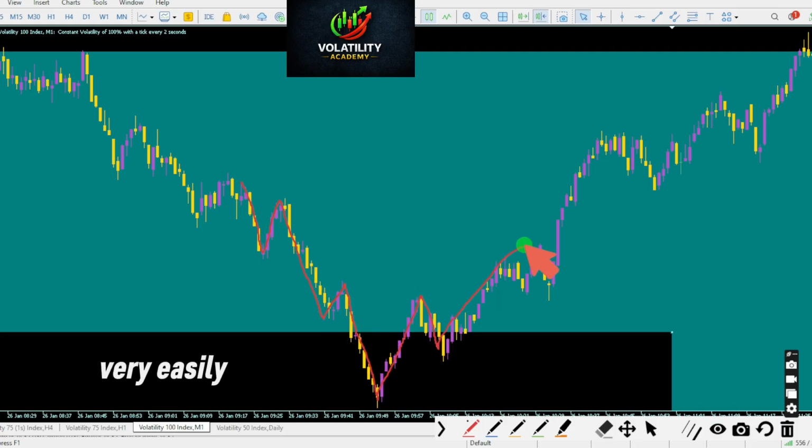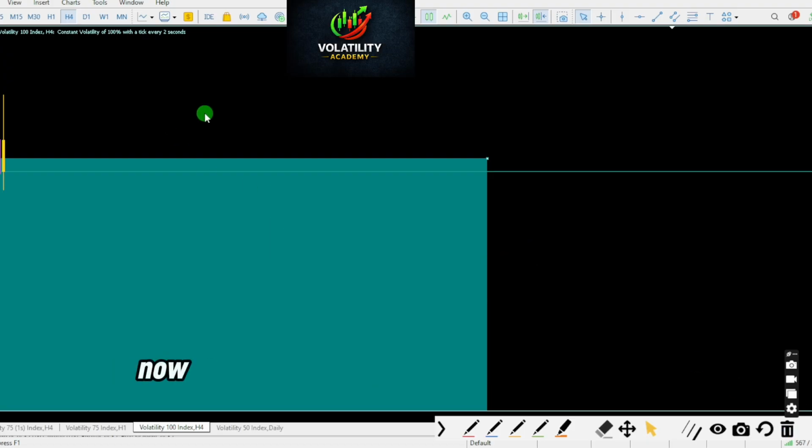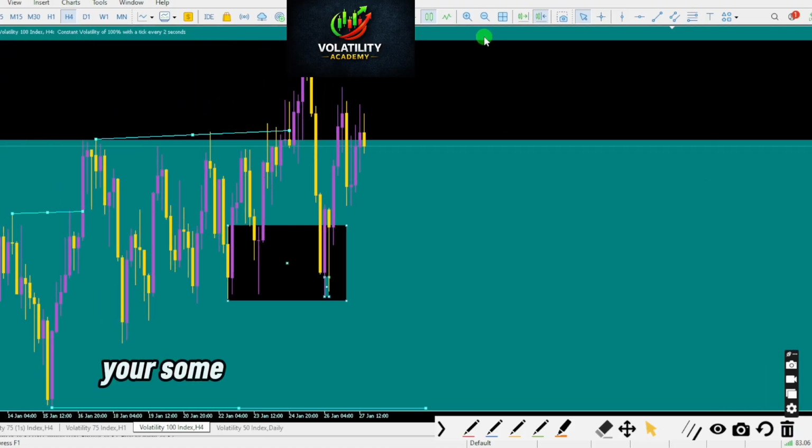Now, this here is just to confuse you, but this is where the shift happened. And after it shifted, this is the M1 time frame, so you could as well enter when the market touched back at this point. And you can see, if you took this trade by now, you should have taken some partials, taking something off the market.